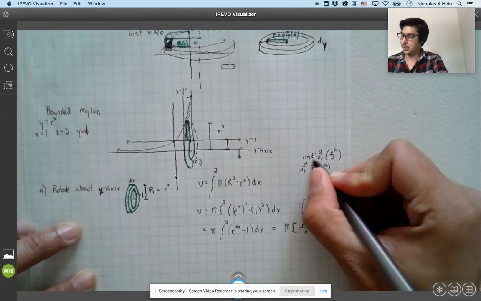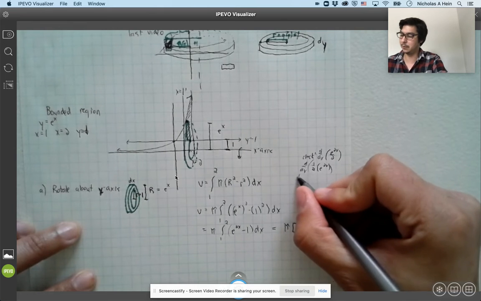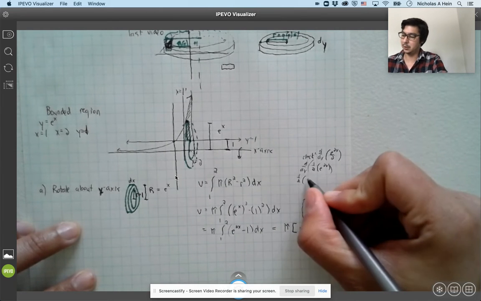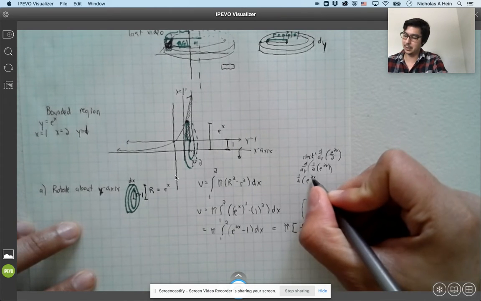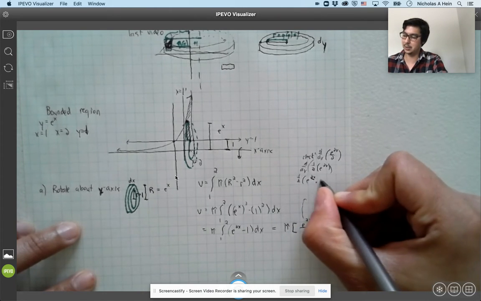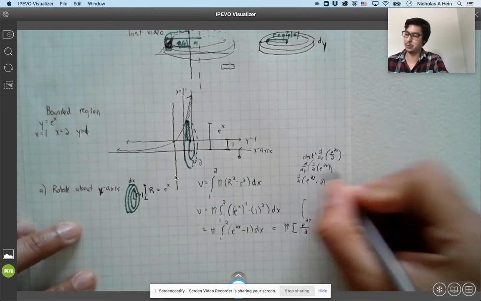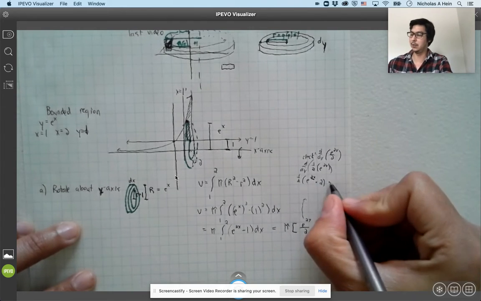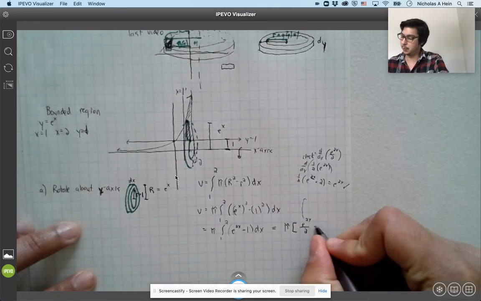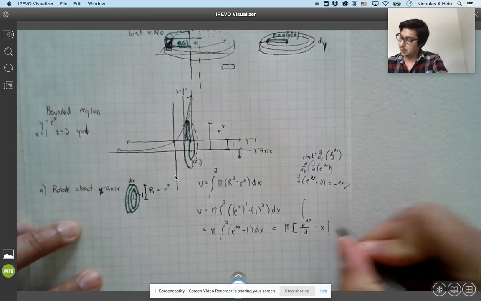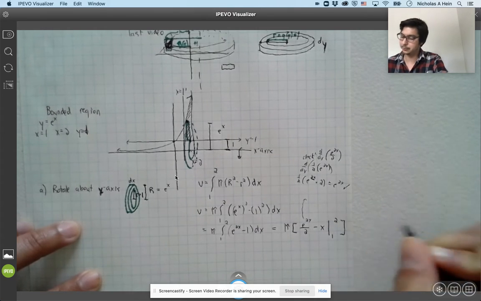The derivative of this, well, the 1/2 you can pull out in front, and the derivative of e to the x should be the function itself, but because of the chain rule, the derivative of the outside leaving the inside alone times the derivative of the inside would be times 2. And now 1/2 and 2 would go to 1, leaving us with e to the 2x. Good. And the antiderivative of 1 would be minus x.